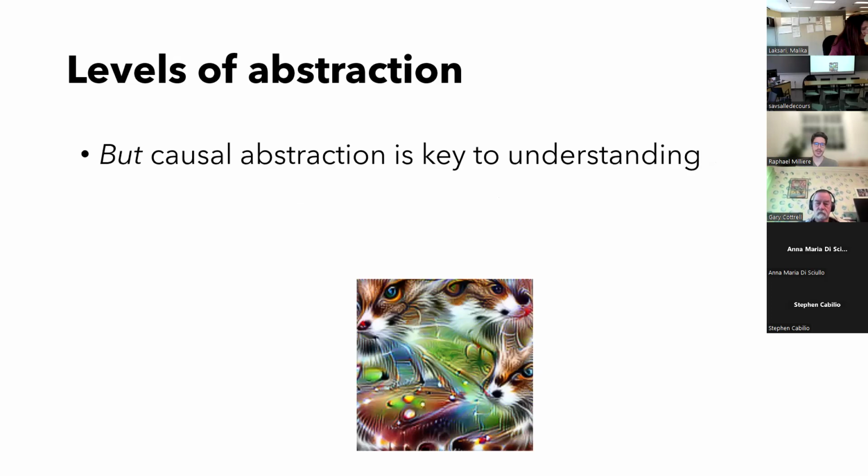And also, there is this point about the level of specificity of the phenomenon you're targeting. But I think also the fact that we're dealing with causal abstractions is key to the fact that the explanation we end up with provides us with understanding.